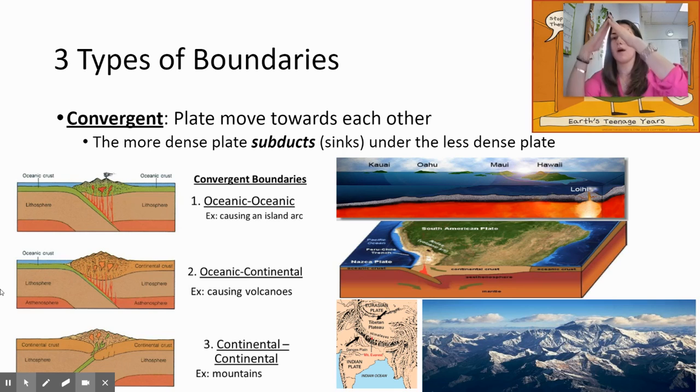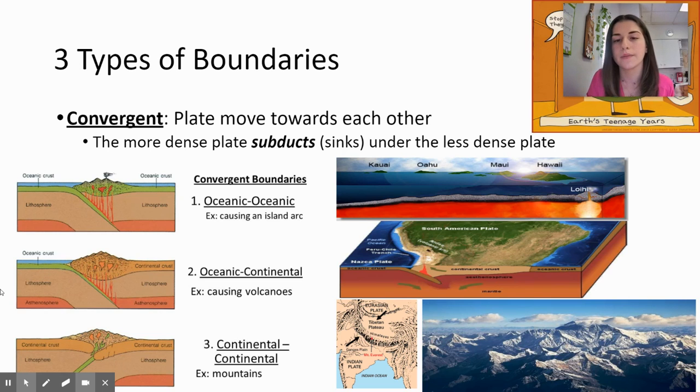They collide and they go up, and what this creates is a mountain. As you can see, this kind of looks like a mountain. An example of this is the Himalayas. As you might know, the Himalayan mountains were created from a continental to continental convergent boundary.